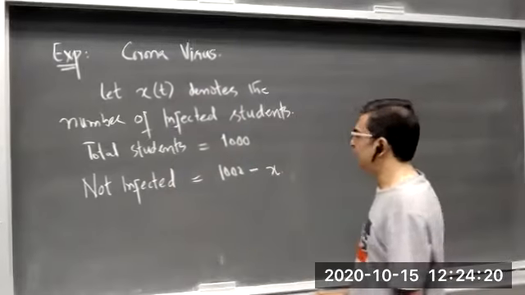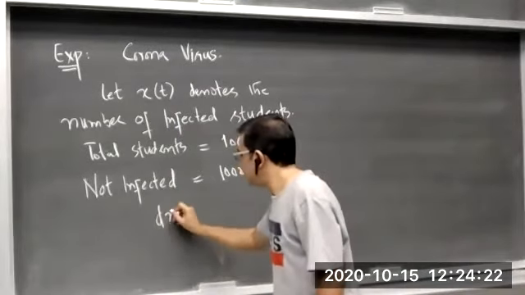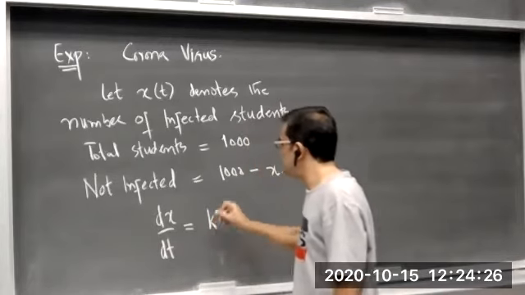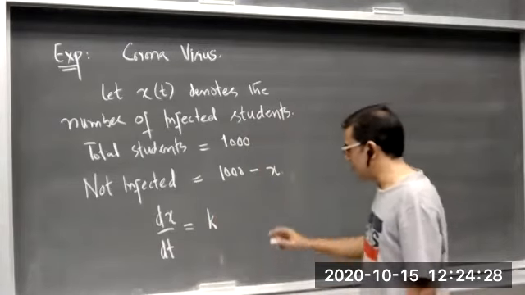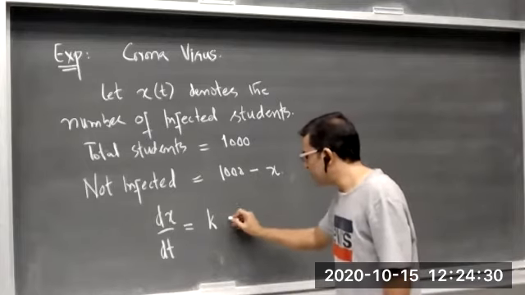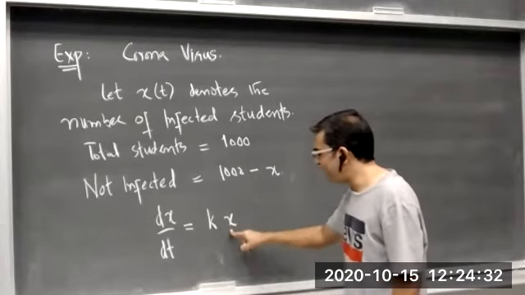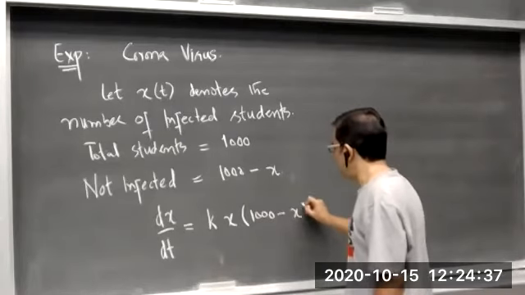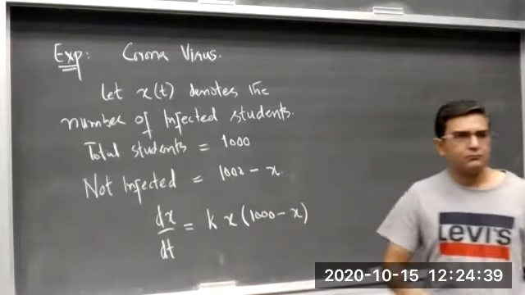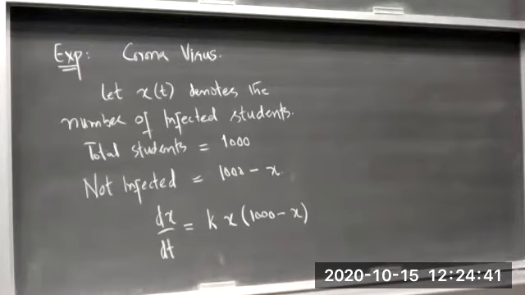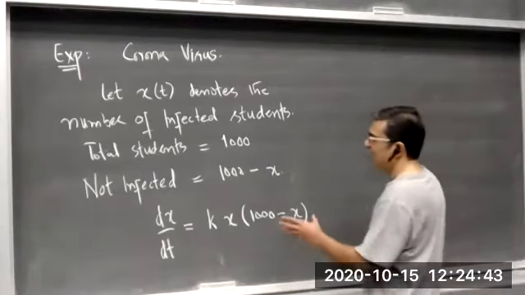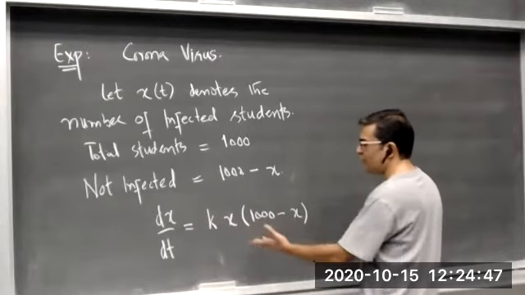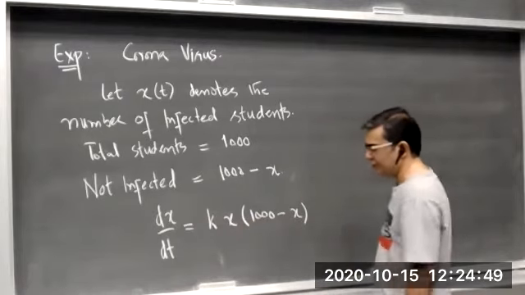We can write that dx/dt is proportional to the number of infected and the number of non-infected students, with k a constant of proportionality. We assume here that it is proportional to the product of infected and non-infected students.